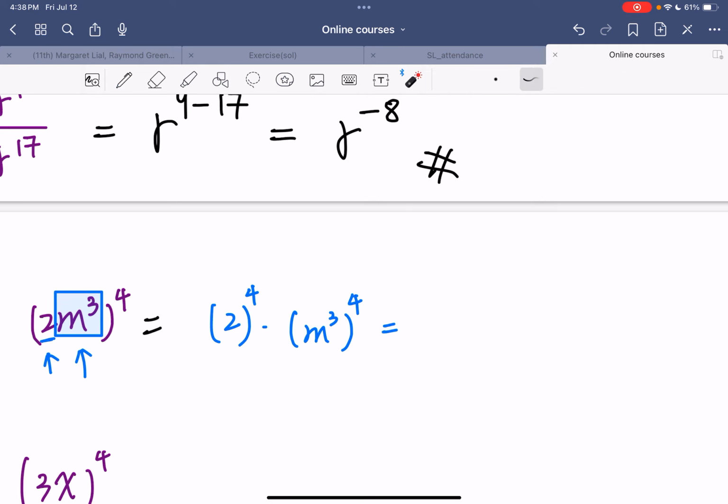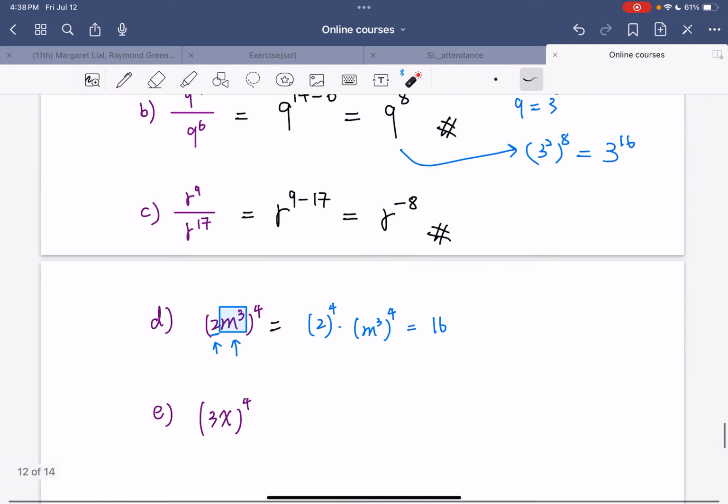So for the first part here, we have to calculate 2 with power of 4, and 2 with power of 4 is 16. If you want, you can times 2 four times, and then you'll get the number. And for the next part here, we're going to use property 3 we got up there.